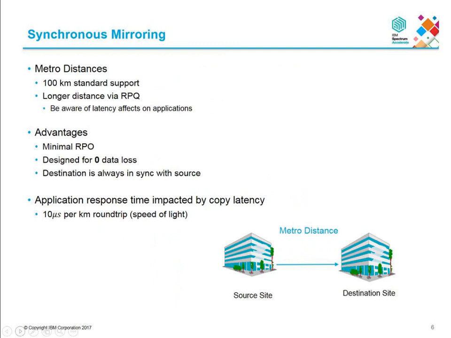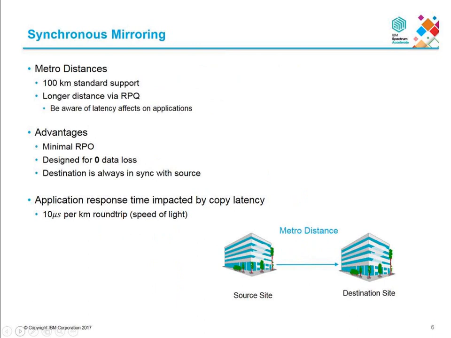So focusing on synchronous, the value of synchronous is that I have a 0 RPO, meaning I'm going to guarantee that the write data are in both boxes before I acknowledge the host. Standard distance is 100 kilometers. We can go longer.